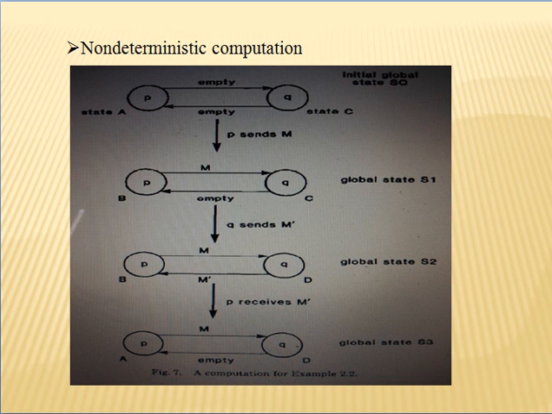Then Q sends M dash and changes state to D, which is a pre-recording event. Then P receives M dash and changes state to J, which is a post-recording event.